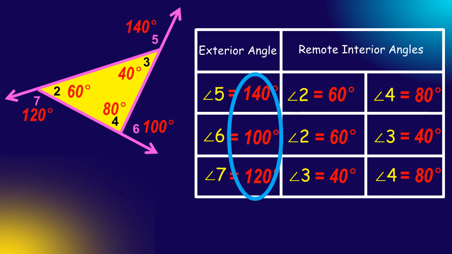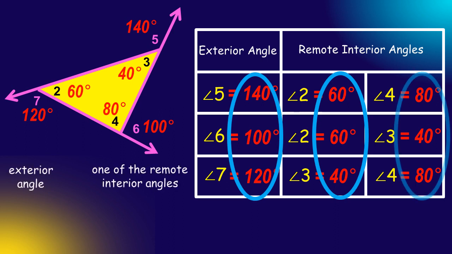Let us compare the exterior angle to one of the remote interior angles, whose measurements are 60 degrees, 60 degrees, and 40 degrees. Kung mapapansin natin, ang measurement ng exterior angle ay laging mas malaki sa remote interior angle.